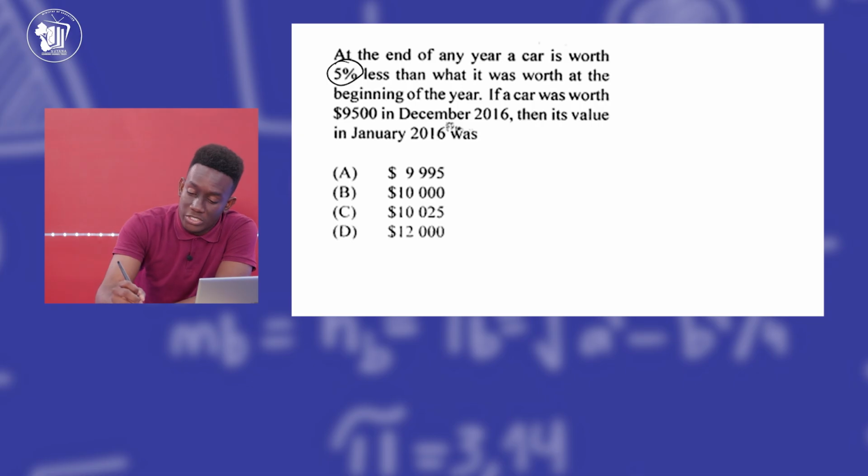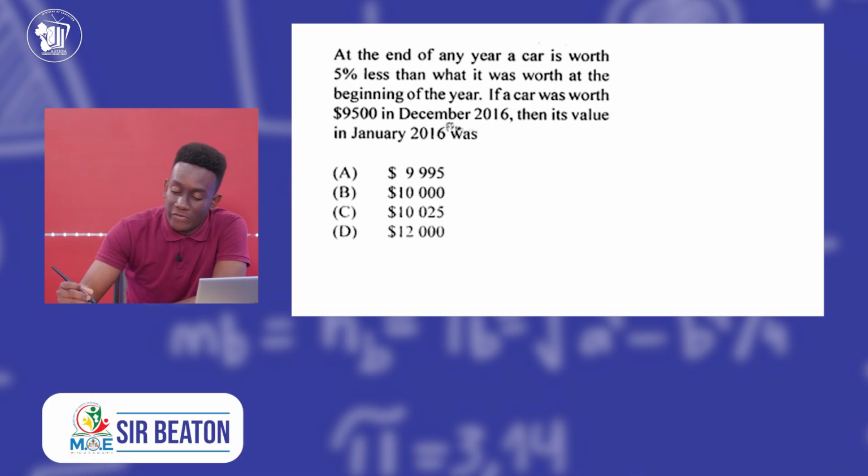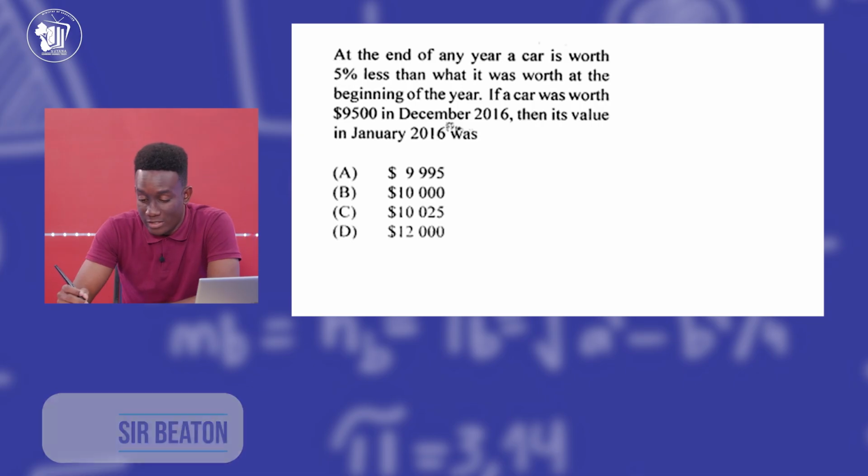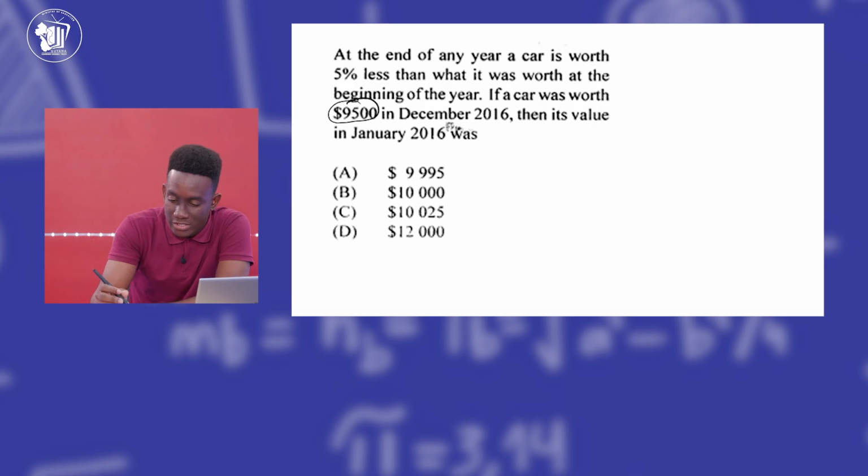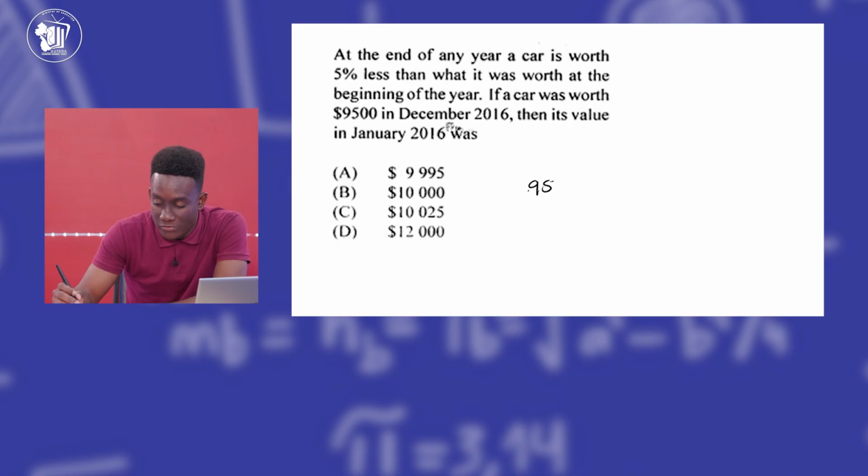So we know the car depreciates at 5%. Since the car depreciated at 5%, we know this value here would be 95% of the total worth. So this 9,500 was 95% of the total cost. To find the total cost, we just do it in reverse.